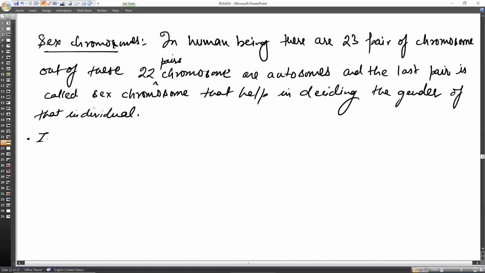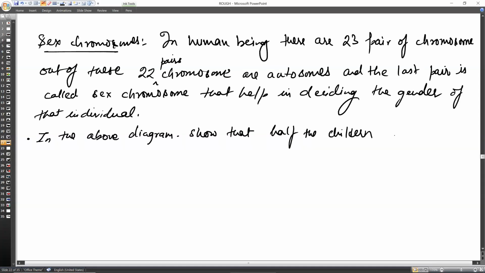The above diagram shows that half the children will be boys and half will be girls.